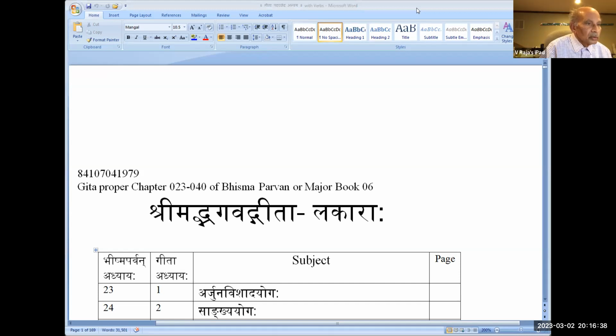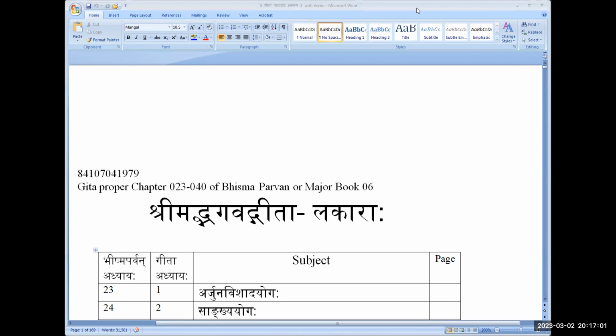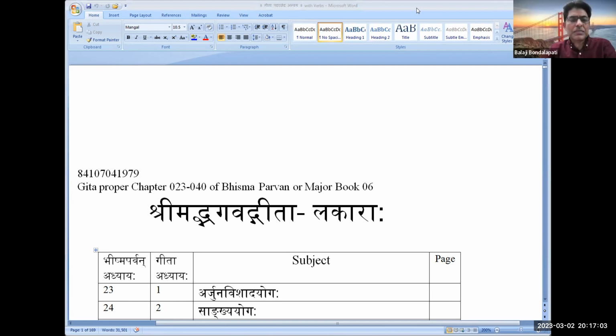Yeah, the 9th sloka. Can you see this? No, sir. It's still showing Lakara.